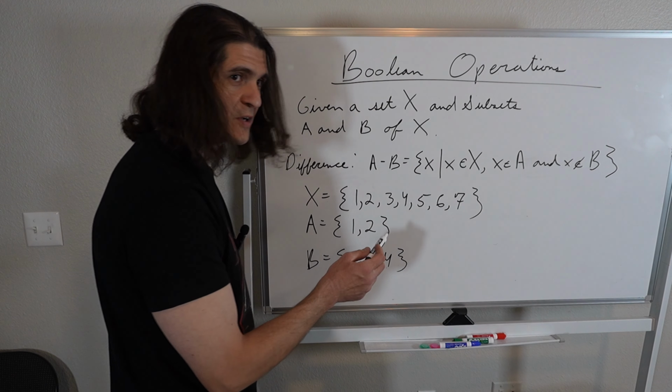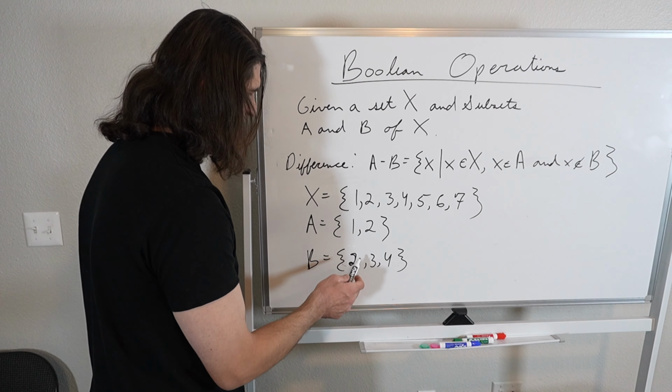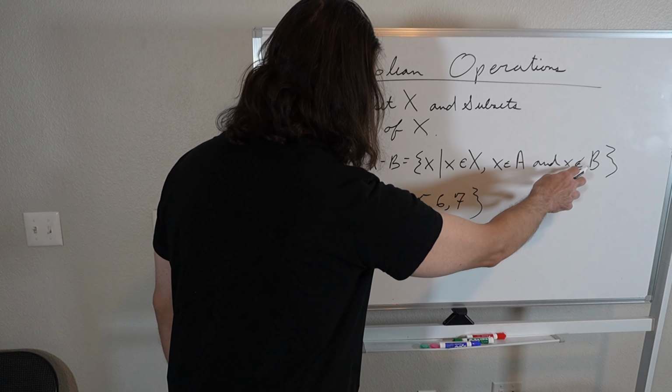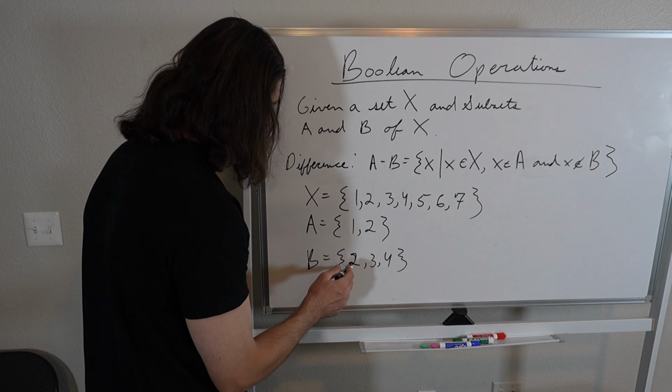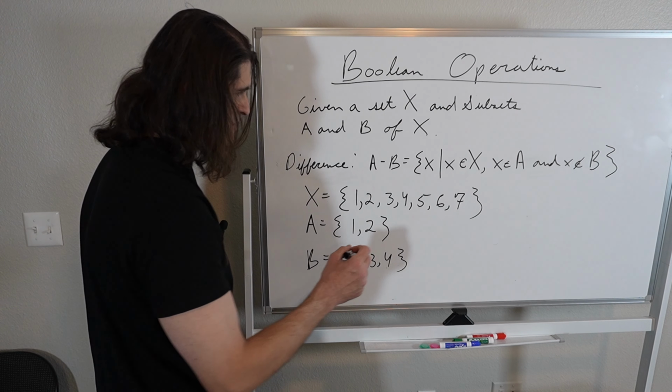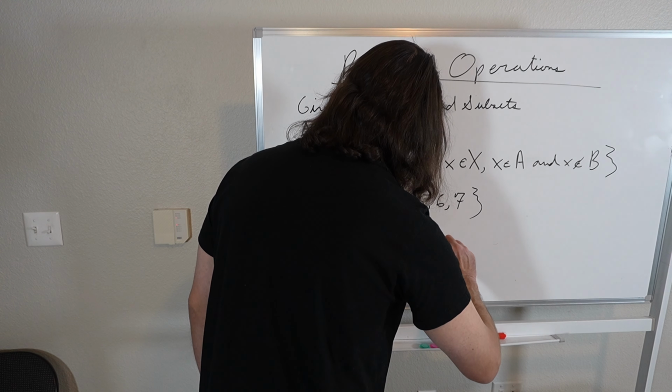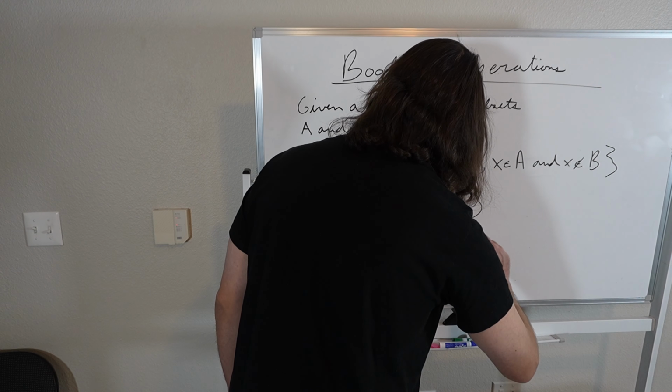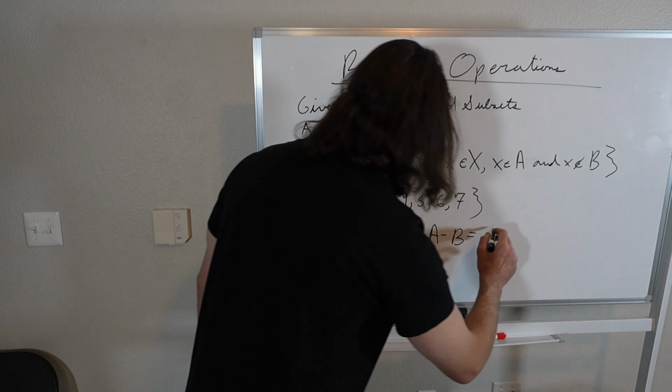Here, remember, we have a shared value, which is 2. We don't want any members that are in B, and in this case, since 2 is a member of B, we have to leave that out of our difference. So we would write A difference B, in this case, as just 1.